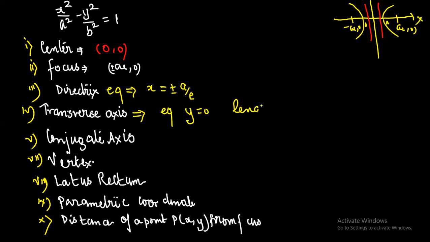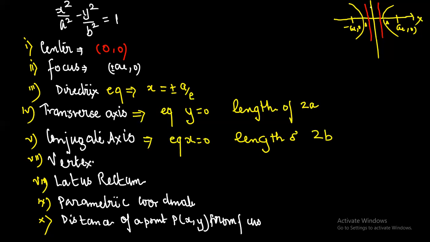The length of the transverse axis is 2a. The conjugate axis is the y-axis, and its equation is x = 0. The length of the conjugate axis is 2b. This is hypothetical; we have considered it ourselves, (0, b) and (0, -b). The vertex is the end point of the transverse axis.